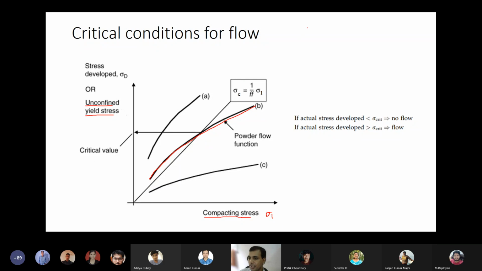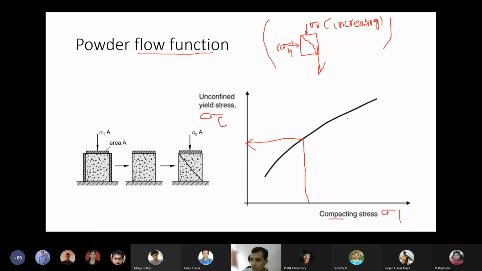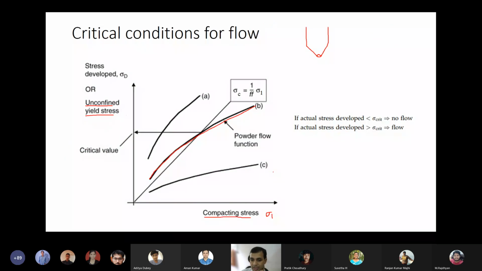For a given silo, it will have certain conditions. The red line I've highlighted is a very general flow function.